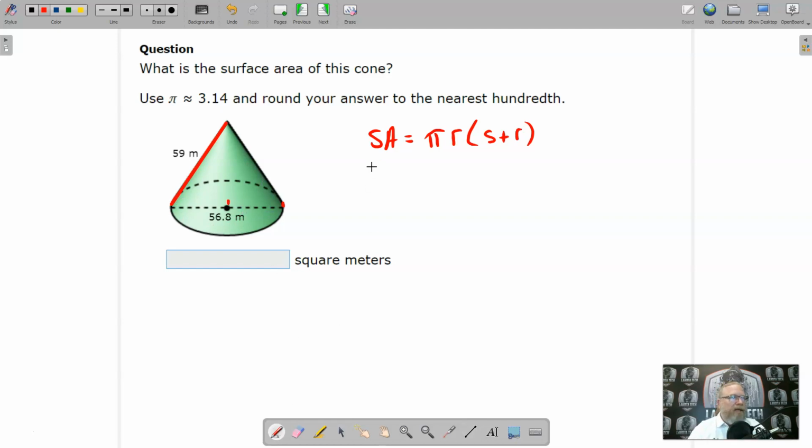So with that said, let's go ahead and do surface area equals, and again, using 3.14 for pi, 3.14, and then we want to multiply that times the radius, and this is 56.8, and that's the diameter, so I need half of 56.8, so I'll divide that by 2 and get 28.4.